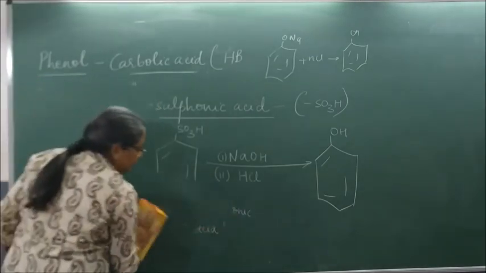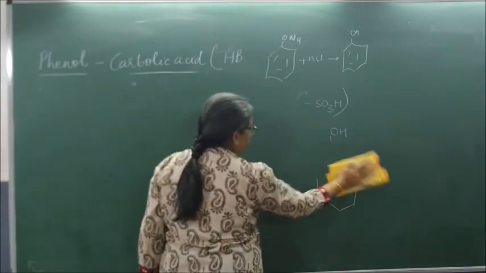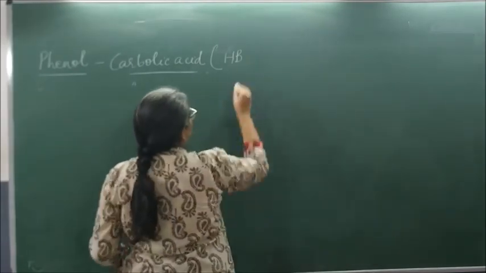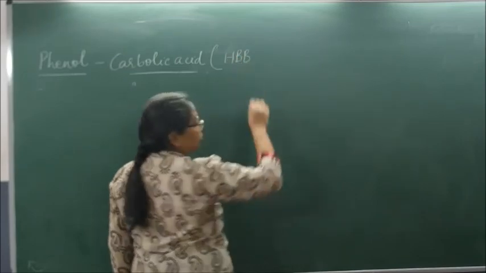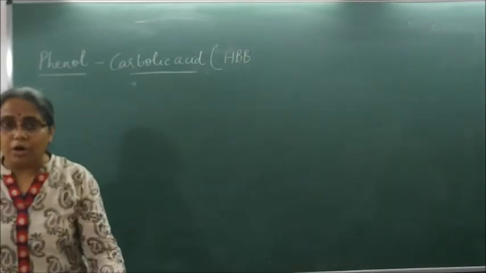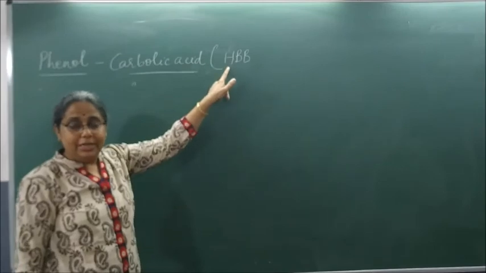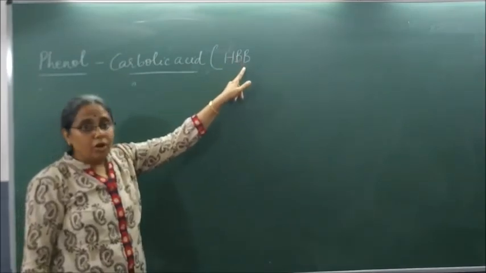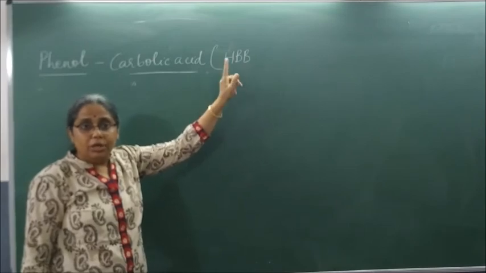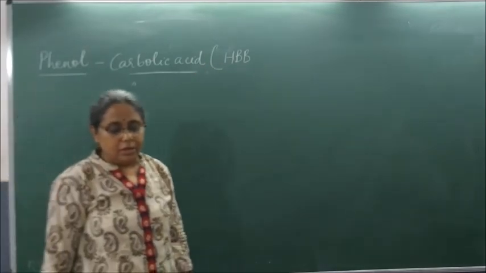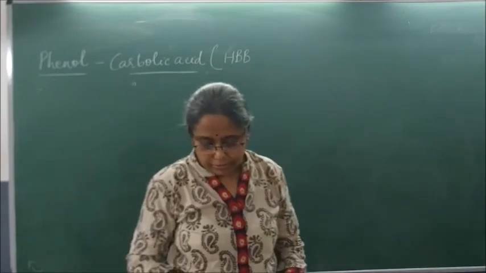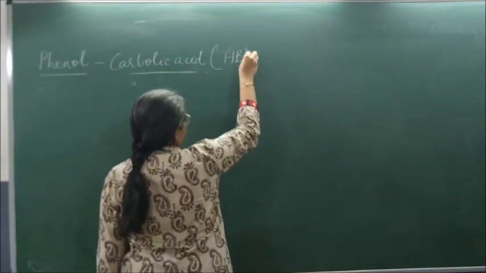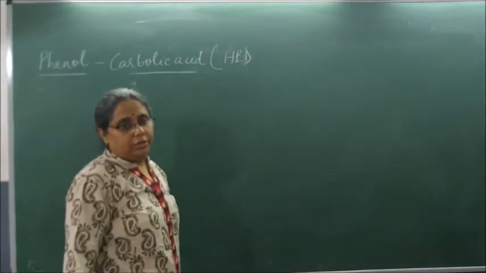Now the third method of preparation. I am writing here, the third method of preparation is from benzene diazonium chloride. First was what? From halogens, then from benzene sulfonic acid, and next is benzene diazonium chloride. Please write from diazonium salt. Or if you want, you can write it as D if you are getting confused.